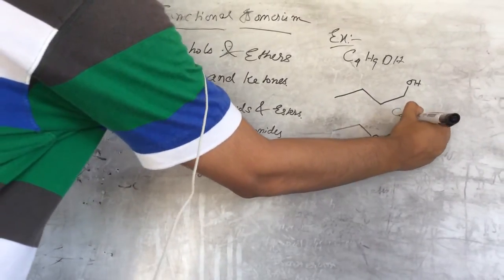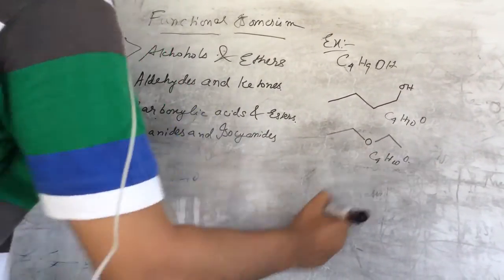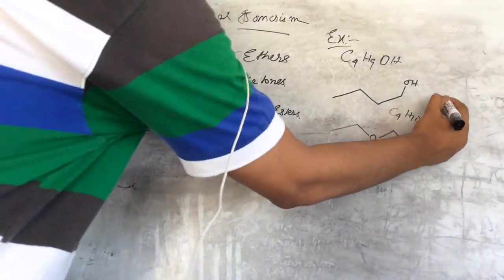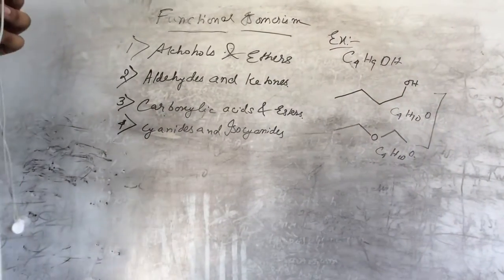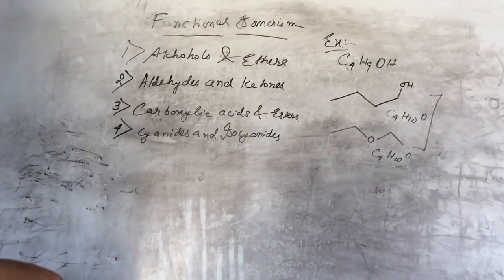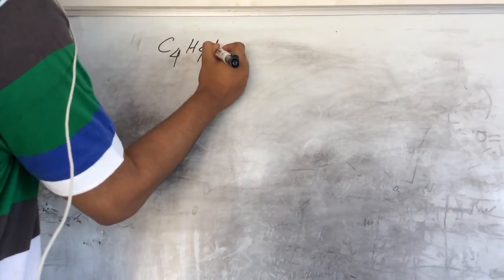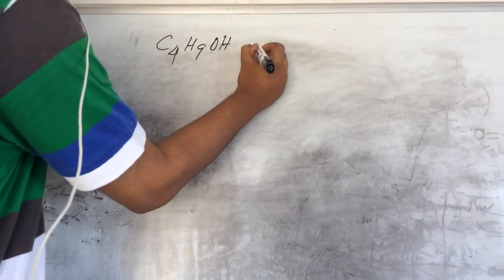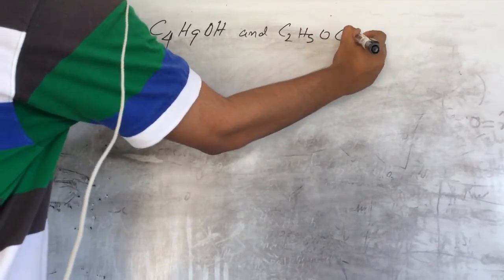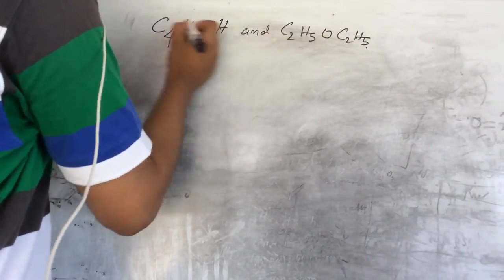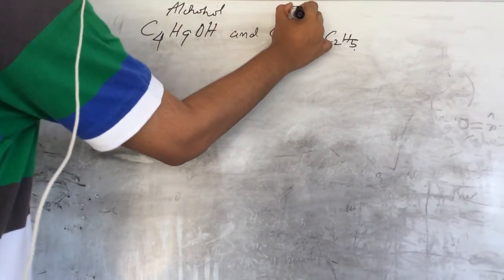So this is C4H10O, as well as this is C4H10O. So these two are functional isomers of each other. So as we are speaking, C4H9OH and C2H5OC2H5, this one being alcohol and this one being ether.